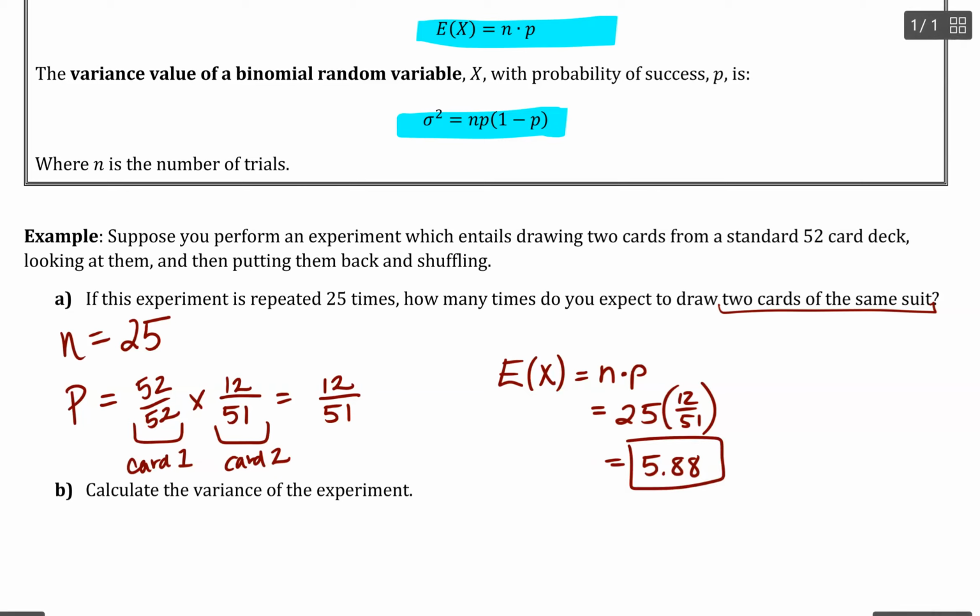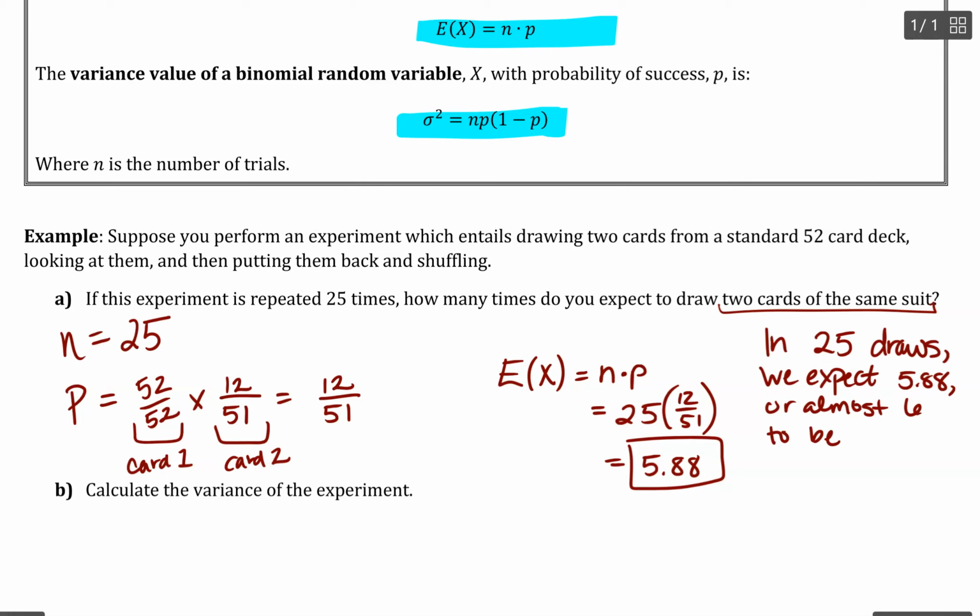Let's interpret that. In 25 draws, we expect, I'll say 5.88, or almost 6, to be cards from the same suit.